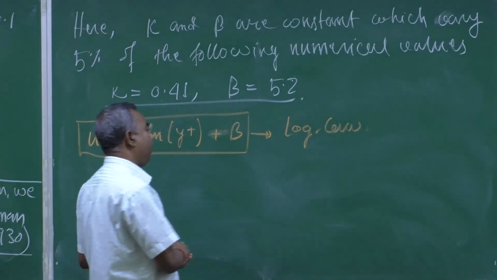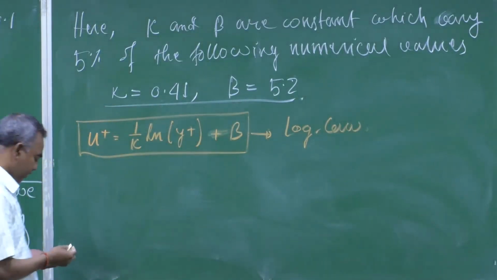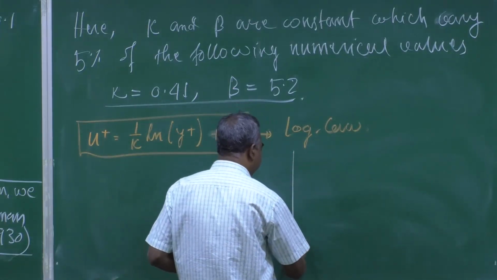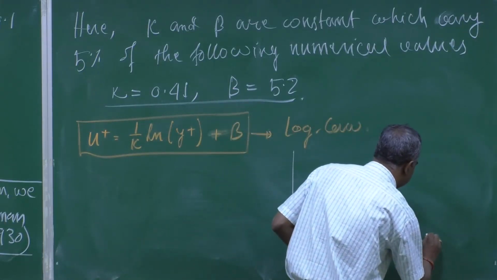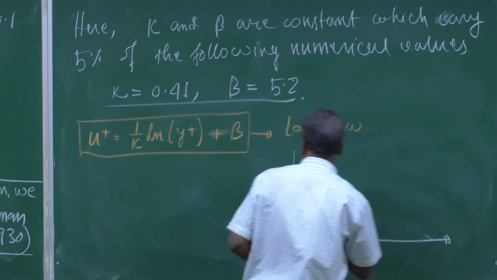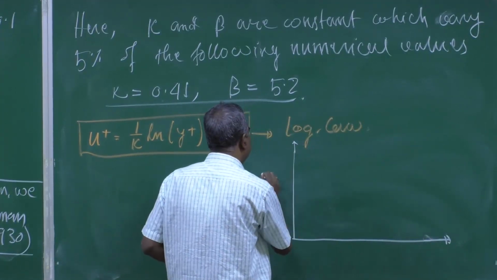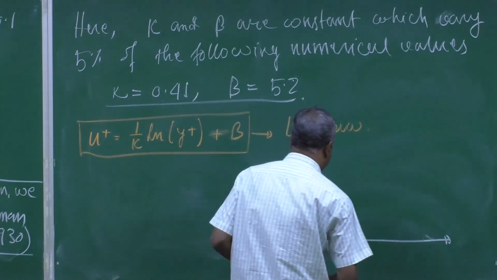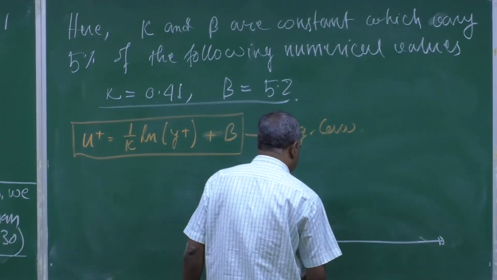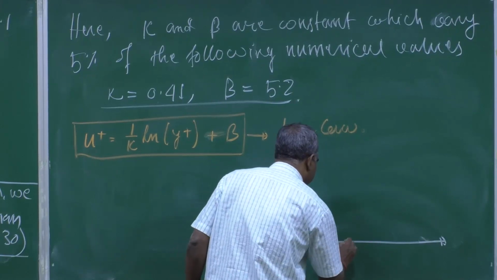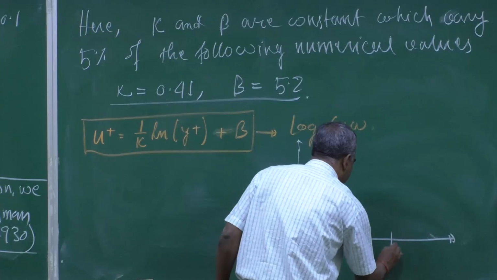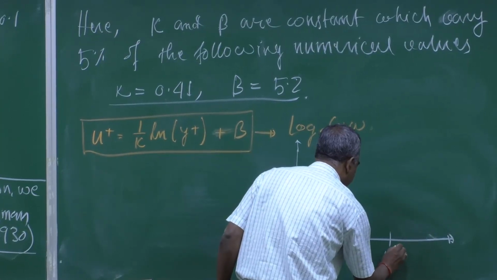Okay. And if we plot these in the inner variables, very often this particular log law is plotted in semi-log. So, let us say this is your 10, then 100, then 1000.